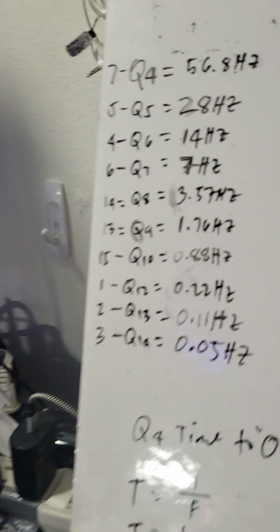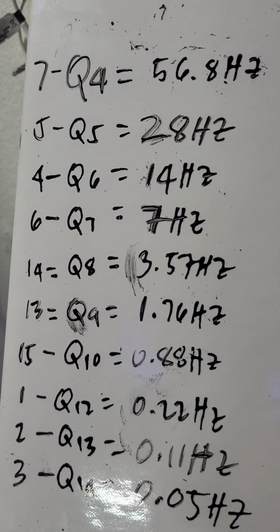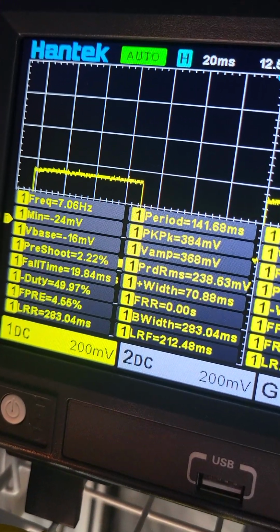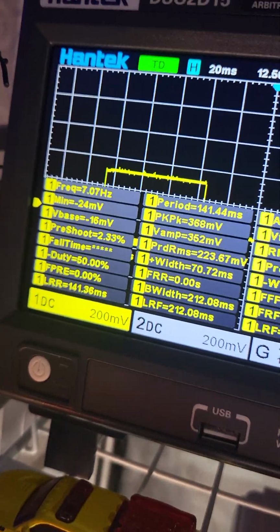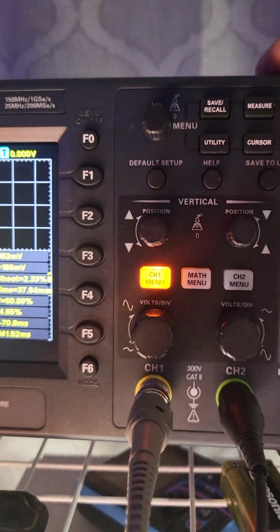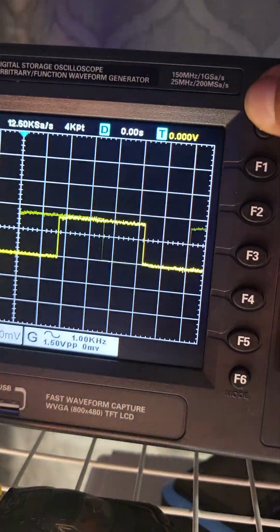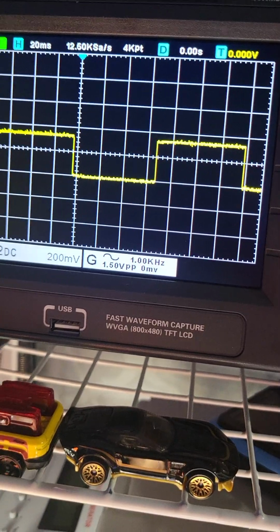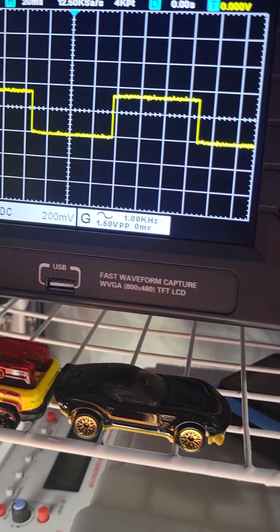So here we recorded 7 hertz for Q7, pin number 6. So here the frequency is 7.0607, fluctuating, so more or less 7. See, so that's the output of Q7.